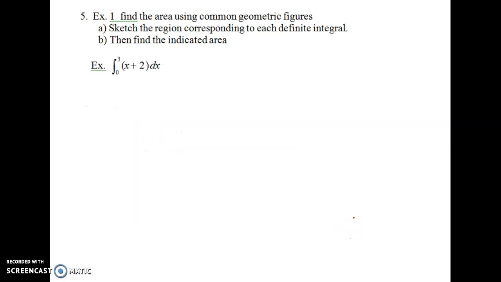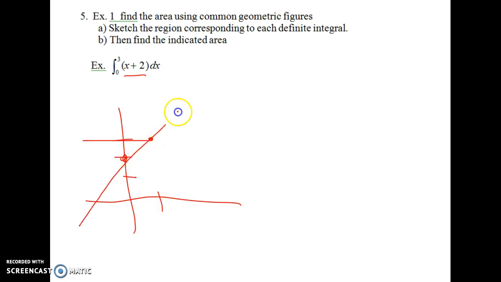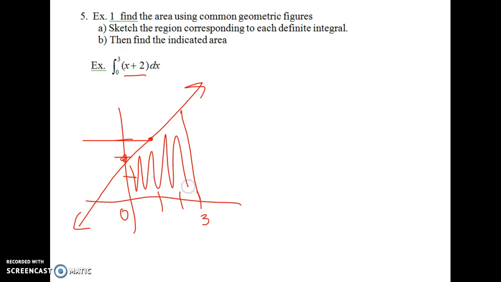Let's try another one. So the graph is x plus 2. What does that look like? It's a line. The y-intercept is 2, the slope is 1. Up 1 over 1, and we can draw the line. Now we want the area under this line from unit 0 to unit 3. What shape did we make here? A trapezoid.